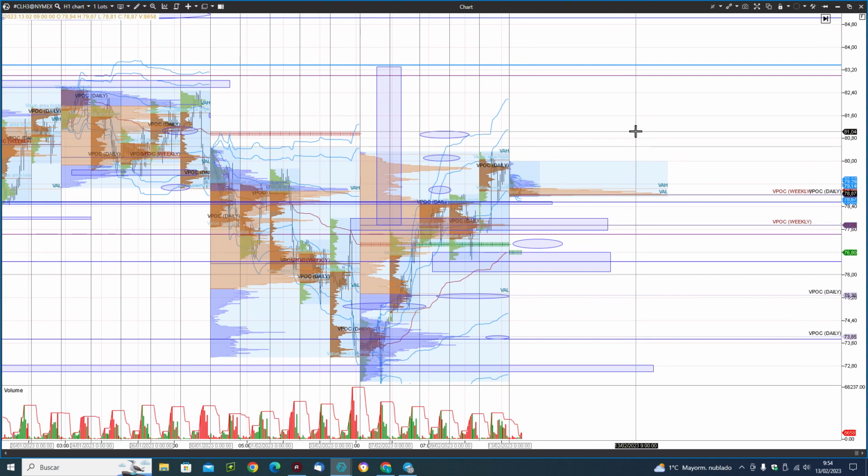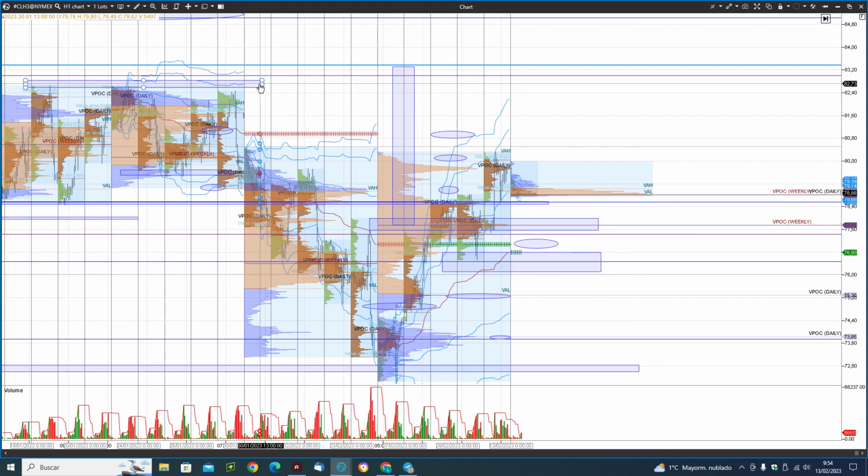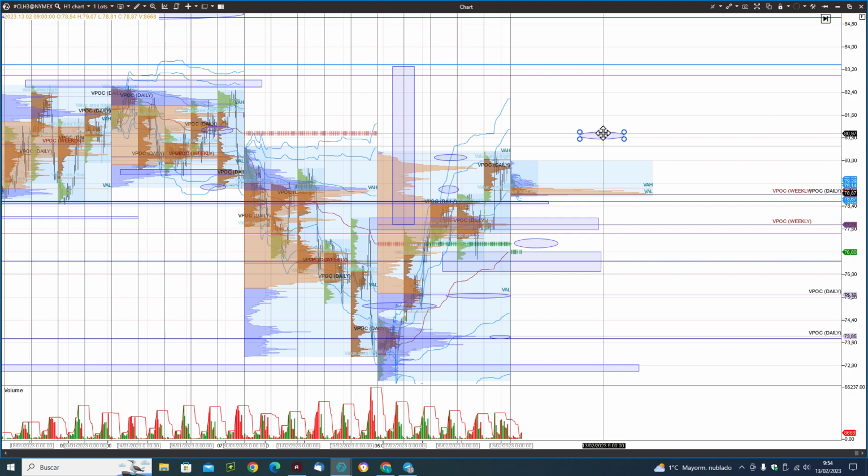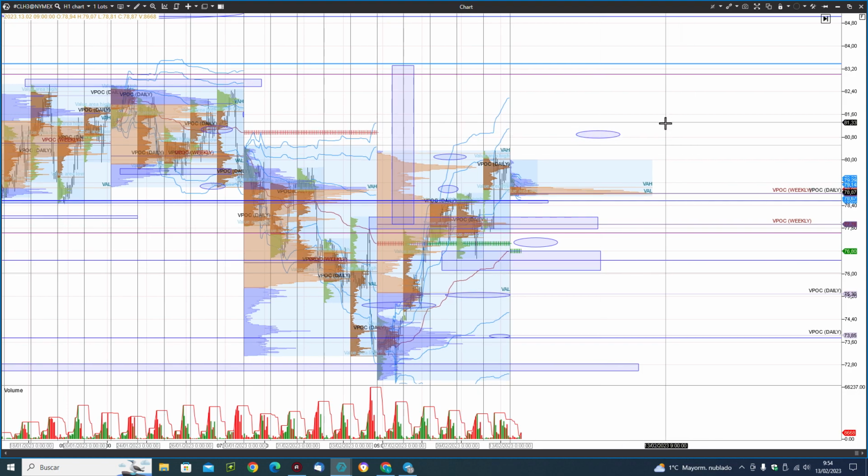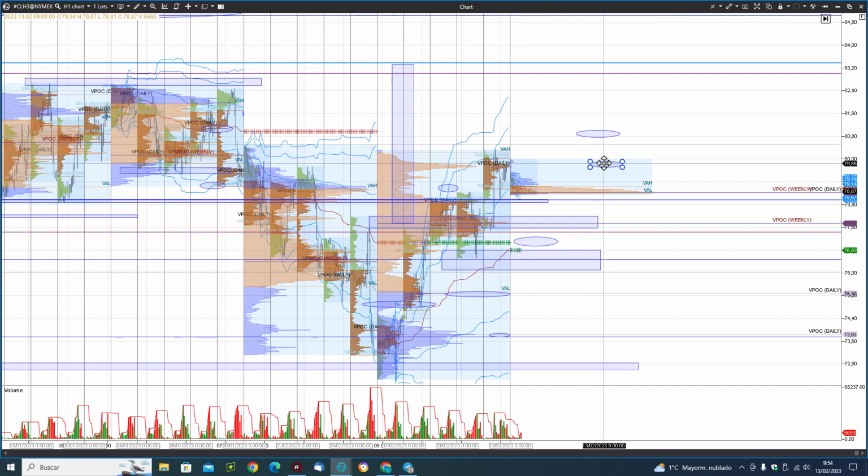Well, let's see about lower targets. Before going to this zone, we have here a weekly VWAP, 80.97. It would be a higher target. Of course, this daily VPOC on 77 would be our first higher target.